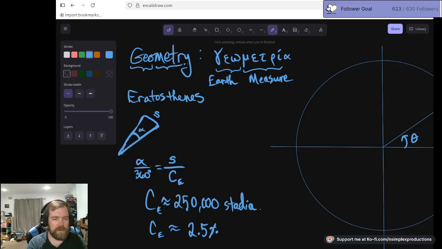Eratosthenes was in the 240s BCE, so we're talking about 2300 years ago.